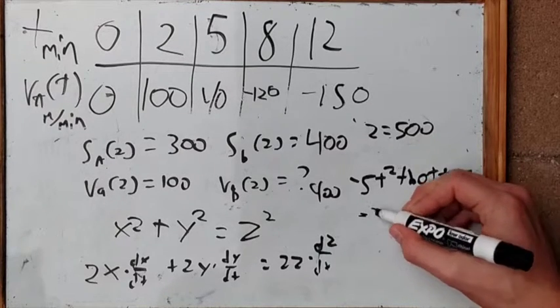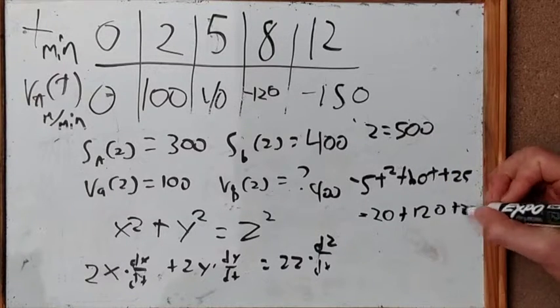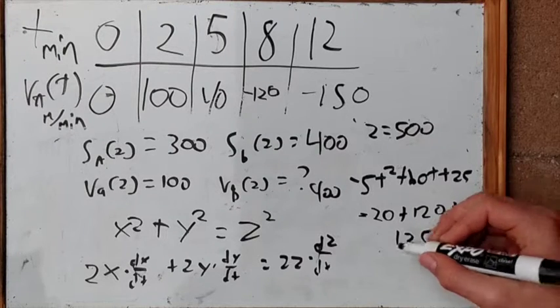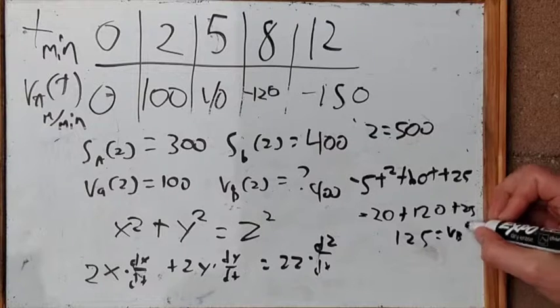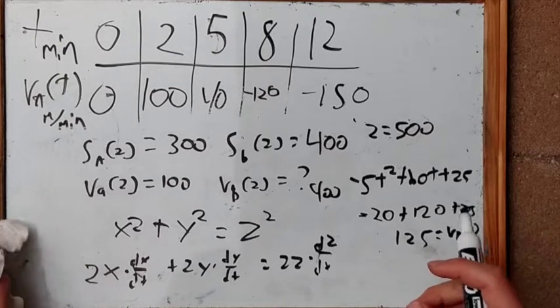You end up getting negative 20 plus 120 plus 25, which simplifies out to 125. And that is the velocity at 2 of train B, which is dy over dt. So let's put that all together. Let's erase this bit right here.